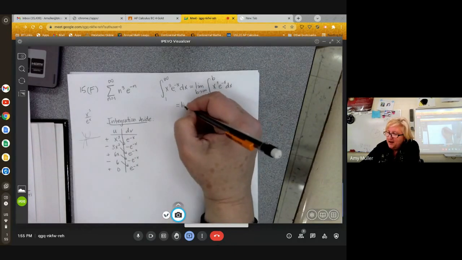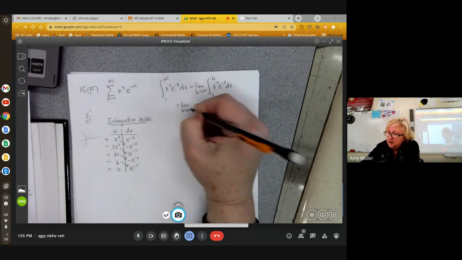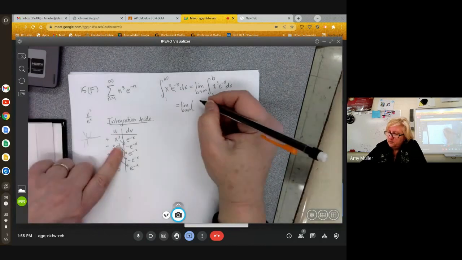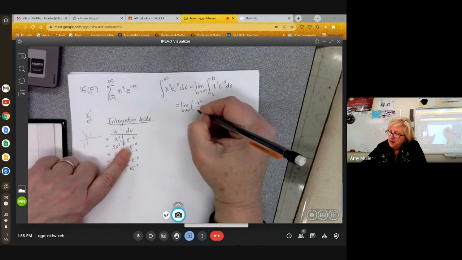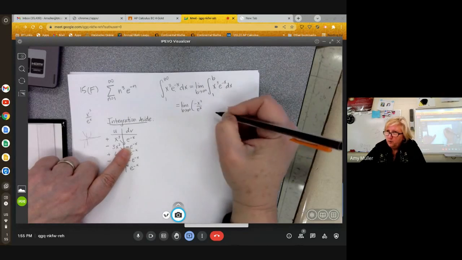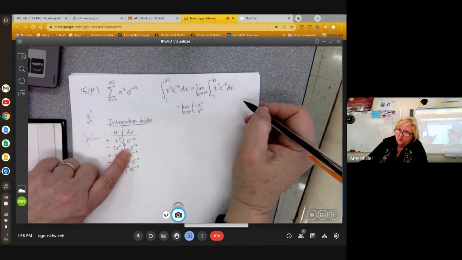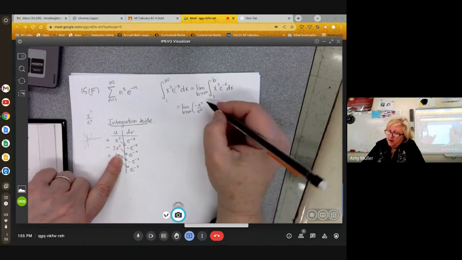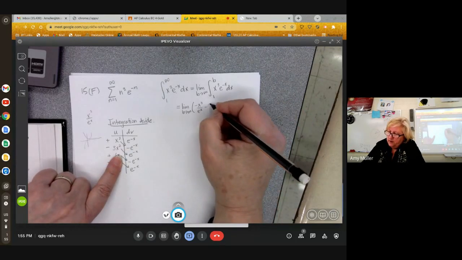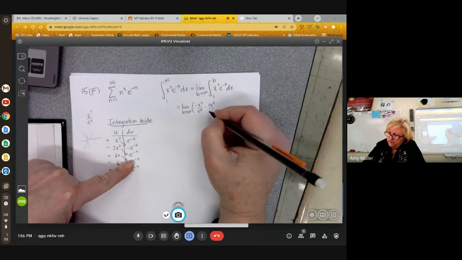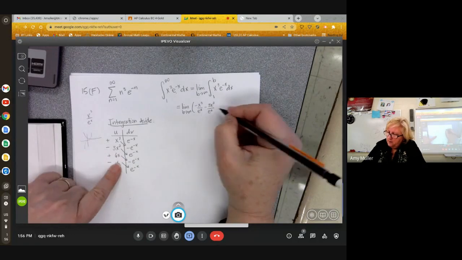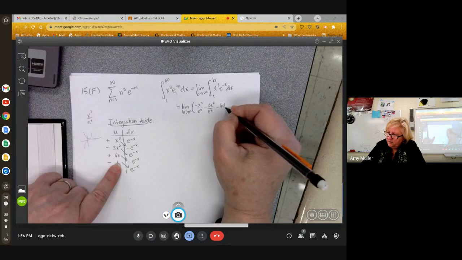The limit as b goes to infinity of, that's going to be negative x cubed over e to the x. I'm going to make the exponents positive. Minus 3x squared over e to the x. Minus 6x over e to the x.